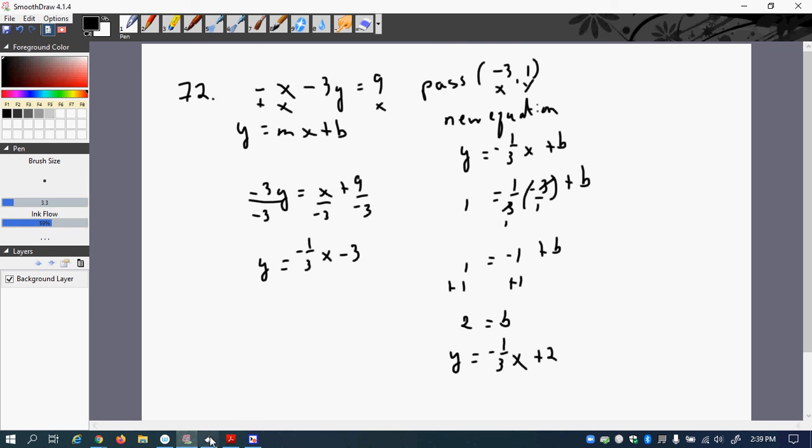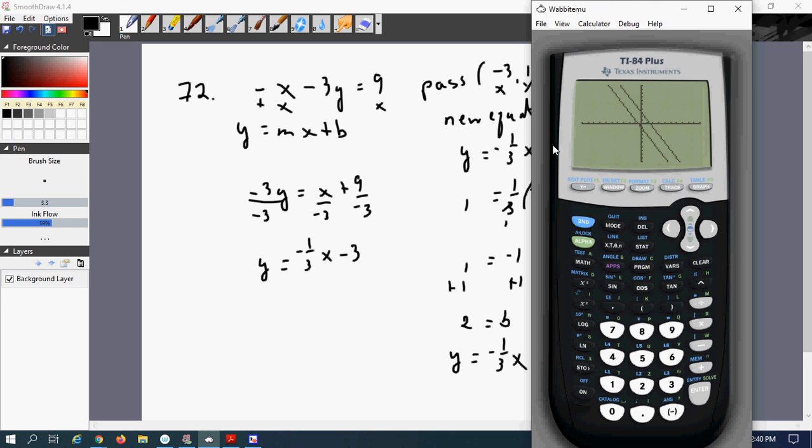And now I can check it. I can go back to my calculator and see that that works. So I'm going to clear both of these old ones out. I'm going to put in the new equation, which is negative 1 divided by 3 x, and that's minus 3. There's the first one. Now I do the second one.